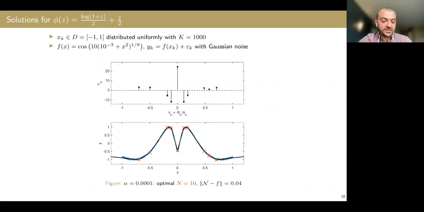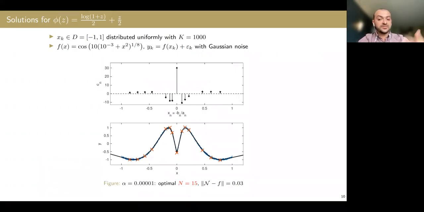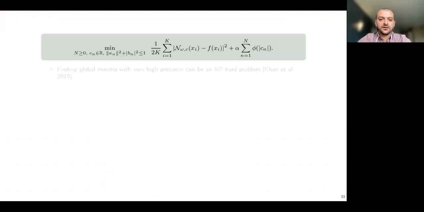But the increase is very reasonable, and you don't see the similar type of clustering as we saw for the L1 minimization. And again, this is due to the phi term being sub-additive, which makes sense in terms of the explanation I gave.